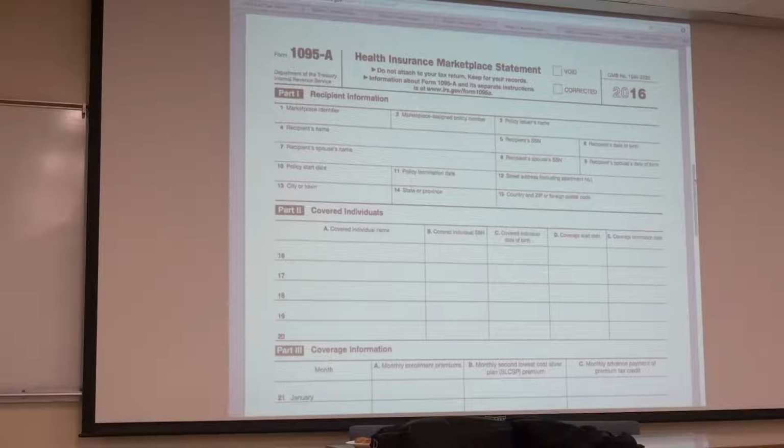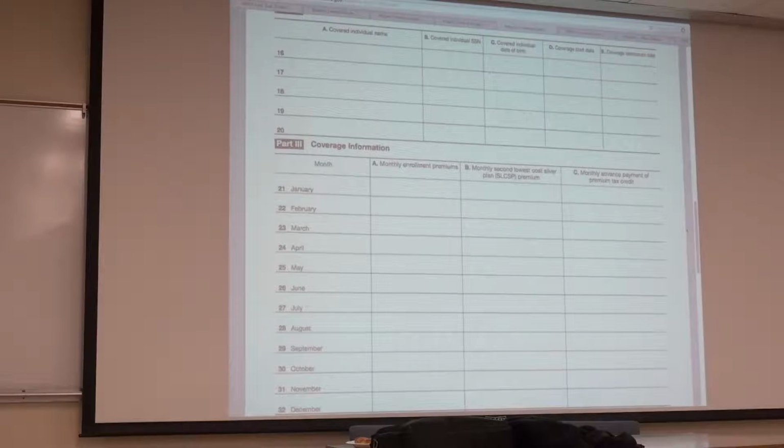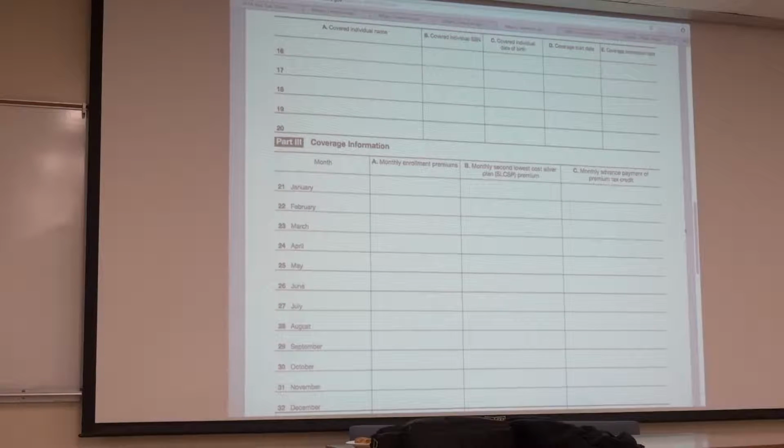I think they should be receiving it in January, like late January. I think employers are starting to give it out sooner. So if they do come and they say they don't have it yet, I would advise them to come back once they have it available, because it has all the information that you need to fill out the forms.